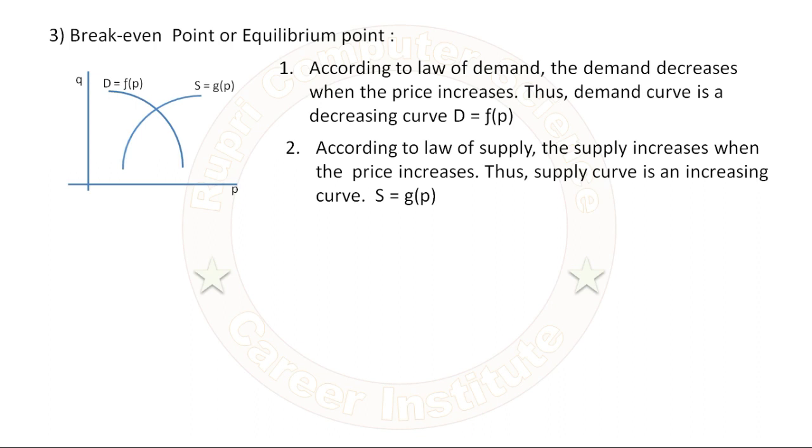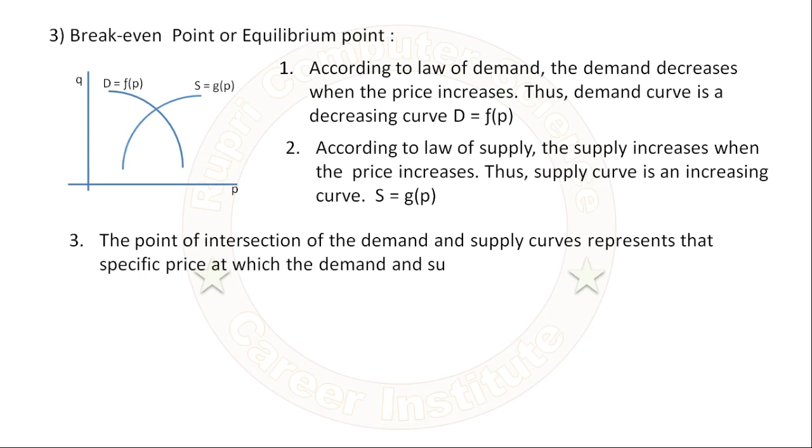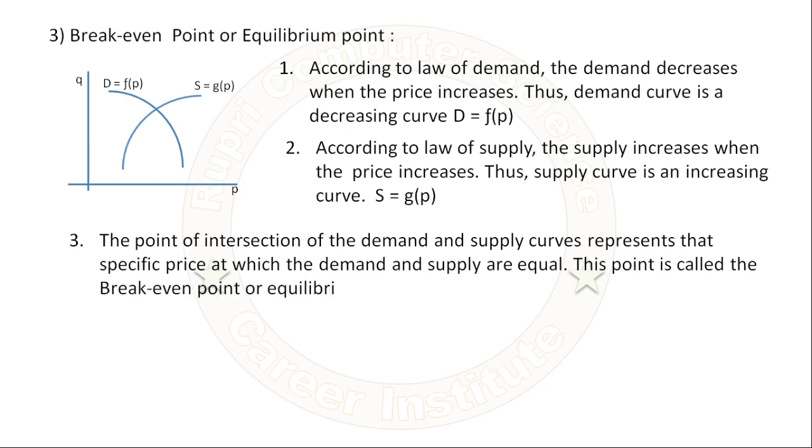Now third, the point of intersection of the demand and supply curves represents the specific price at which the demand and supply are equal.